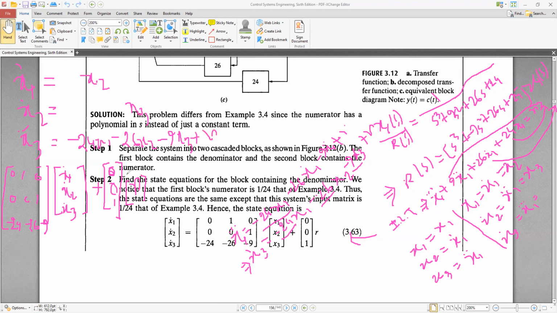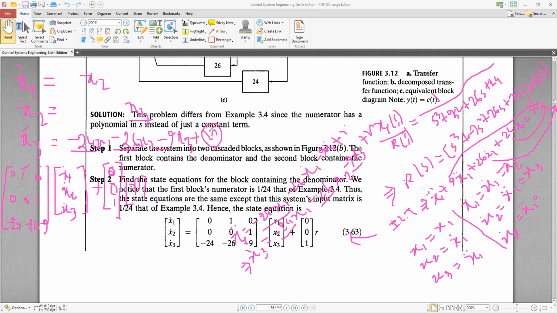Now see, the first equation has only x2, so I will write 1 only, because the coefficient of x2 is 1. For the second equation, x3 only, so the coefficient would be 1. For the third equation, the coefficient of x1 is minus 24, of x2 is minus 26, and of x3 is minus 9. But what happened to the r?